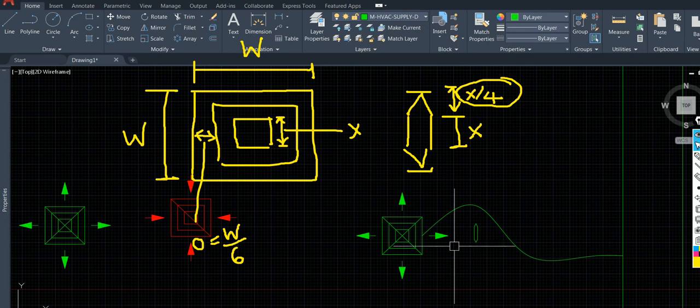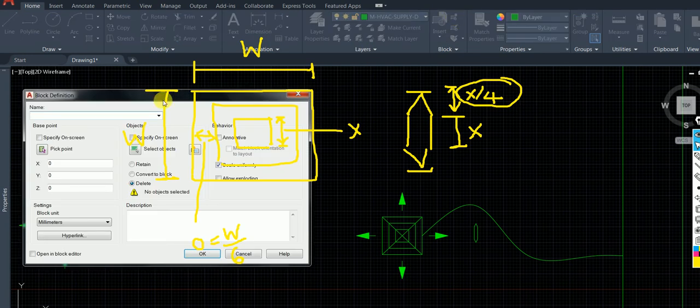It looks good. Let's create a block. Let's say flex 2.